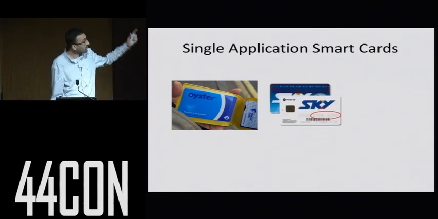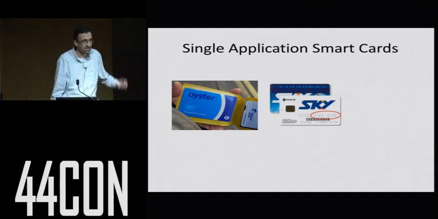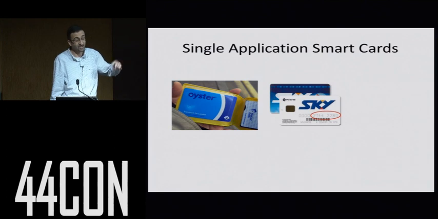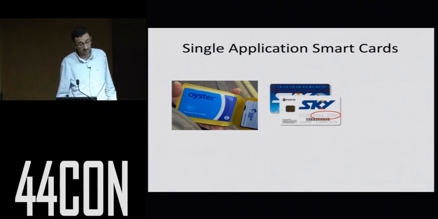The other type of single application cards are the pay TV cards you use. The main purpose is to protect the private key assigned or sold to you, and the key derivation algorithm, which generates a new key every second or maybe less.